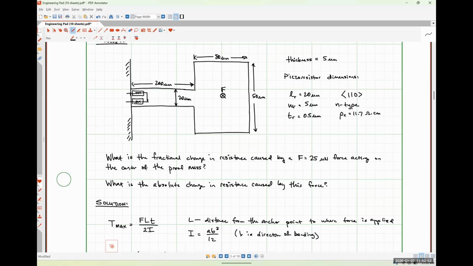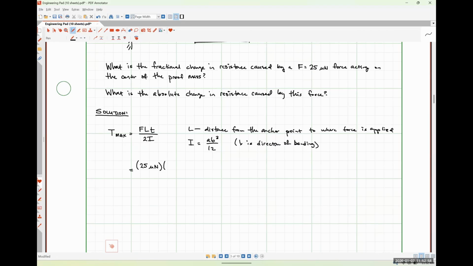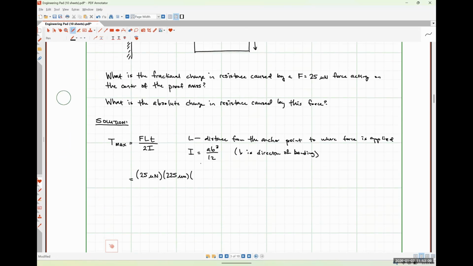So that's 200 plus 50 over 2, or 225. We all okay with that? So 225 micrometers. Our thickness is 5 micrometers.